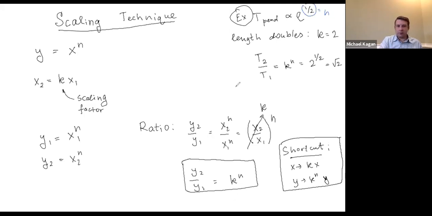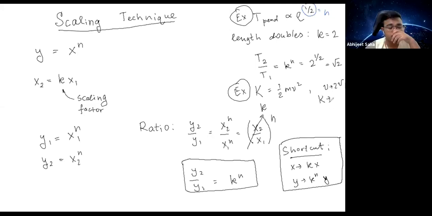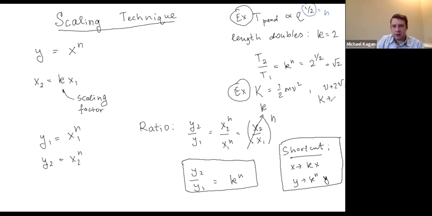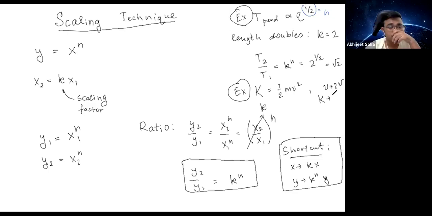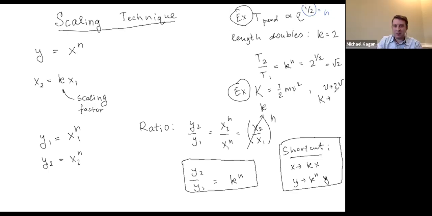For example, one last example, kinetic energy. We know it's 1/2 mv squared. So if velocity doubles, what happens to kinetic energy? Quadruples. And can you tell me what n and the scaling factor are? 2 and 2, right?